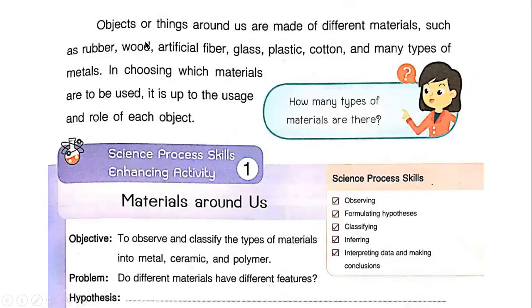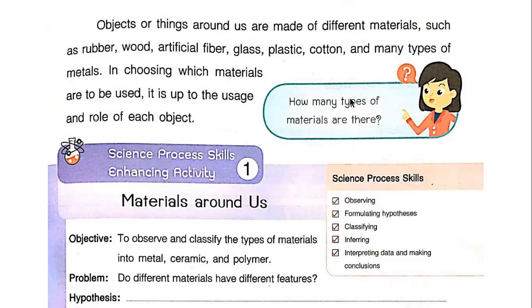So objects or things around us are made of different materials, such as rubber, wood, artificial fiber, glass, plastic, cotton, and many types of metals. In choosing which materials are to be used, it is up to the usage and role of each object.